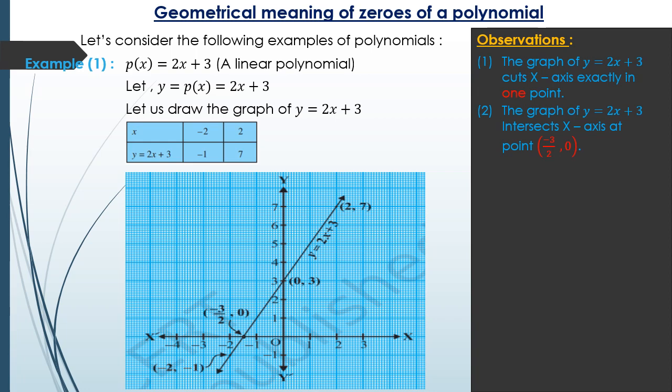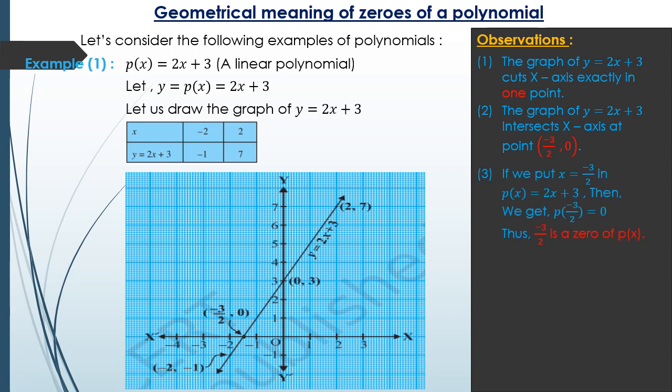Second observation: the graph of y equals 2x plus 3 intersects the x axis at the point -3/2, 0. Okay, so this is the second observation. The graph is cutting the x axis at one point and the coordinates of that point are -3/2, 0. Now next one.